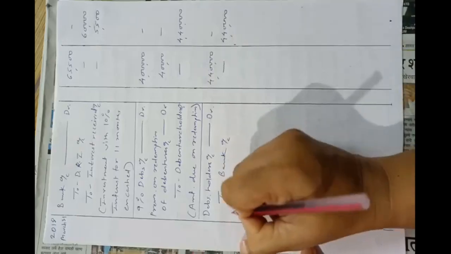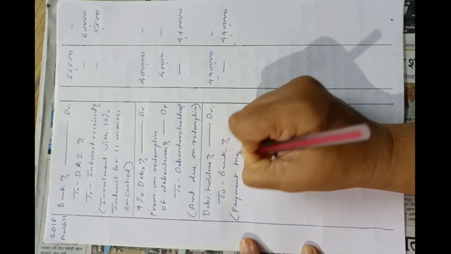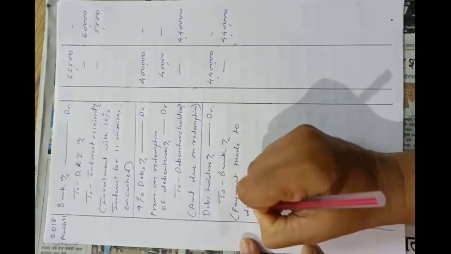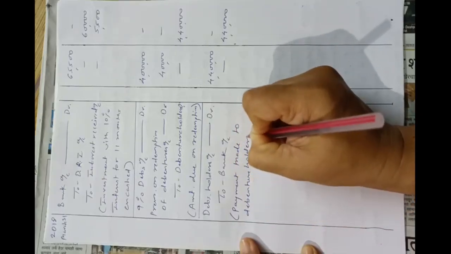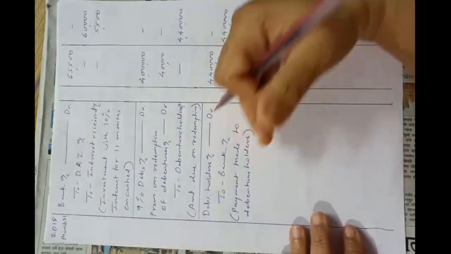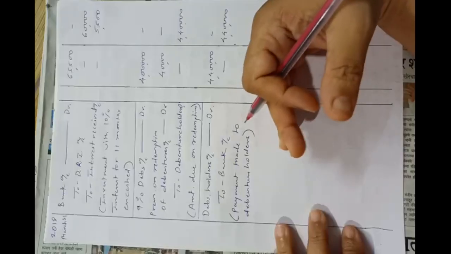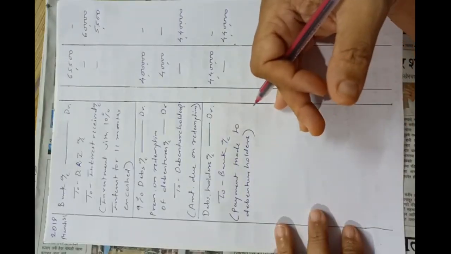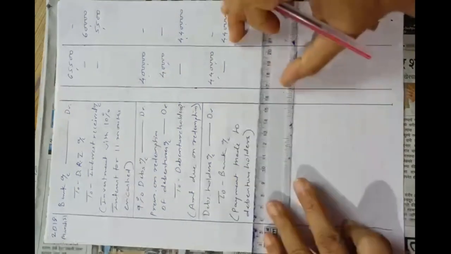Okay, amount paid to debenture holders, payment made to debenture holders, or amount paid on redemption, you can write some narration like this. Amount paid is 4,40,000.